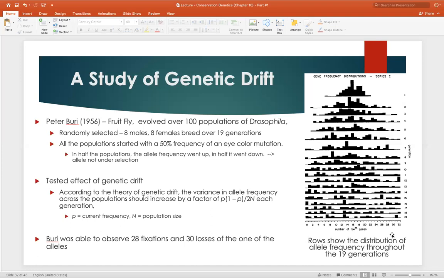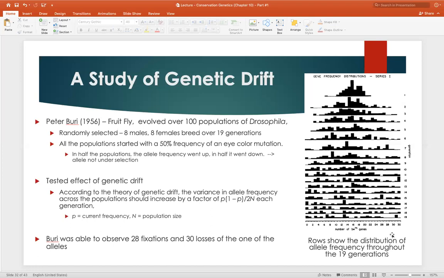Now, with this randomization, one thing that I think is very important to keep in mind is when Bury was selecting the 8 males and the 8 females of each generation, there was no way of knowing if those were the particular individuals that were actively breeding to produce the next generation of offspring.